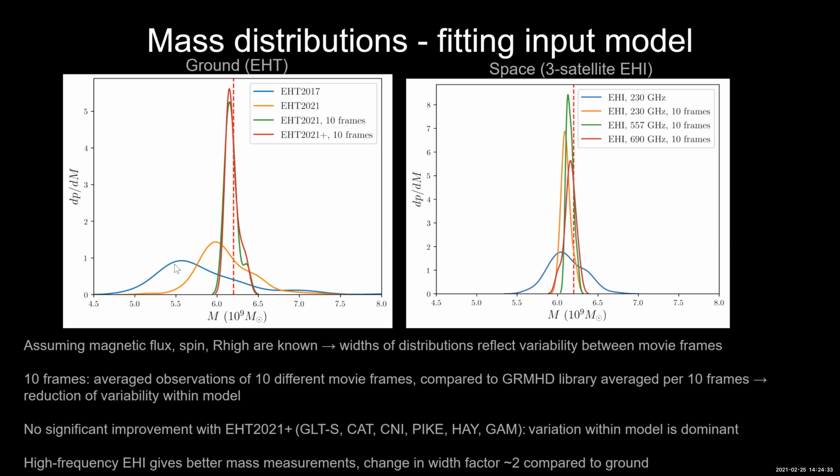So when we go from blue to orange, from EHT 2017 to 2021, we can see some improvement, but we see a very big effect when we observe 10 frames and average the observations before we fit. And we get a much better constraint on the mass, and this improves even further when we employ this high frequency space-based VLBI array.